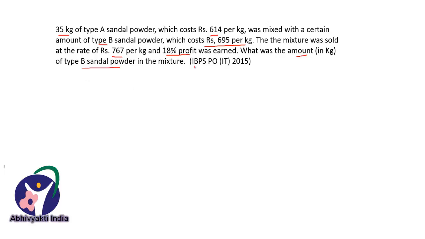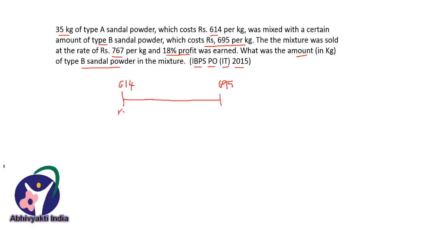This question was asked in the IBPS PO IT examination, which was held in 2015. Here first represent the data on a straight line. So here it will be 614, the cost of the first, A type sandalwood, and here it will be 695, the B type of sandal powder.